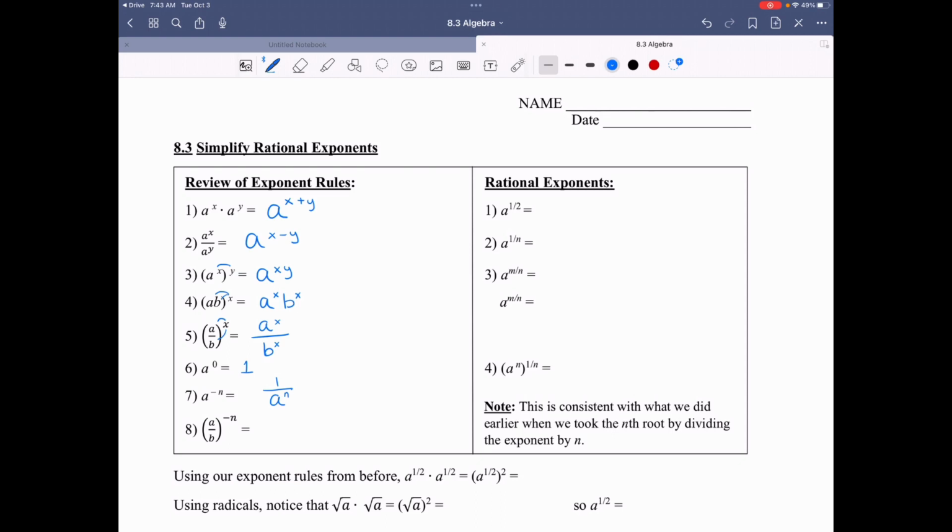And with this, we would distribute the negative. Actually, let's do it a little differently: flip it and make the exponent positive, and then distribute the exponent so that we have b to the n over a to the n.